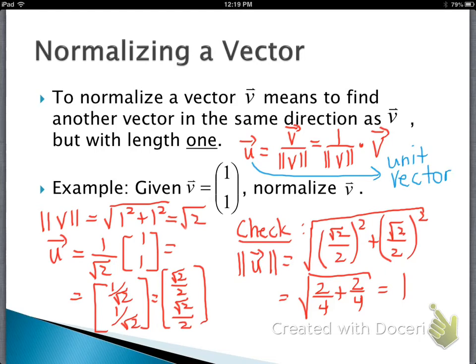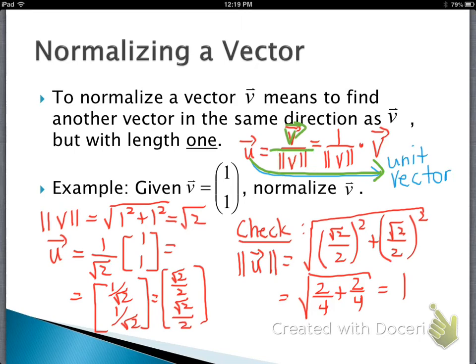Normalizing a vector. To normalize a vector means to find another vector in the same direction as your original vector, but with length 1. Our new vector becomes what we call u, and that u represents the unit vector. So if I give you a vector and I want you to normalize it, that means you take that vector v and divide it by the length of v.